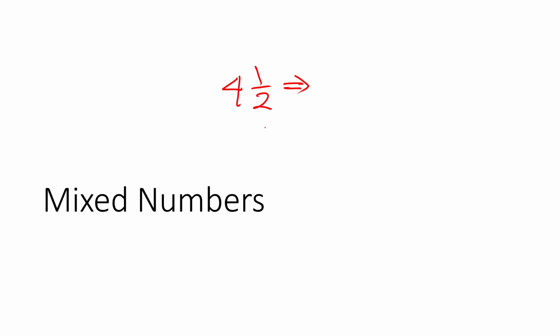How do we do so? We multiply the denominator of the mixed number with the whole number part, and then we add the numerator. So for 4 and 1/2, we're multiplying 2 by 4, and then adding 1 to that. So once again, 2 times 4 is 8, plus 1 is 9. So our improper fraction is 9/2.